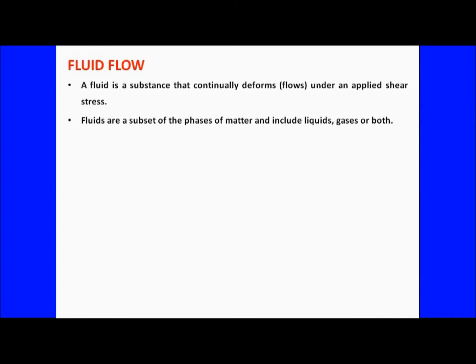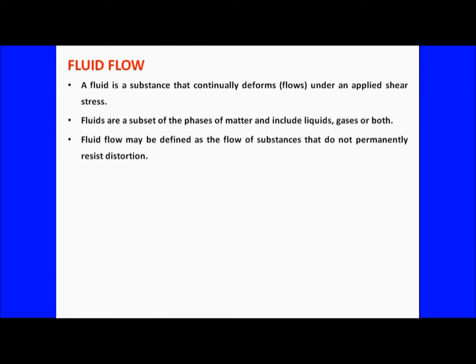Now fluids can be defined as a subset of the phases of matter which includes basically the liquids, gases, or sometimes both, because liquid and gases remain in interchangeable forms. The liquid may get converted into gas, or the gas may get converted into liquid at any moment based on external factors like temperature, right?